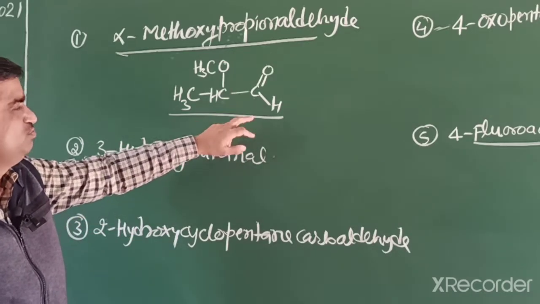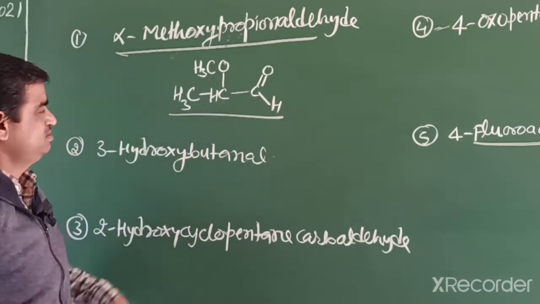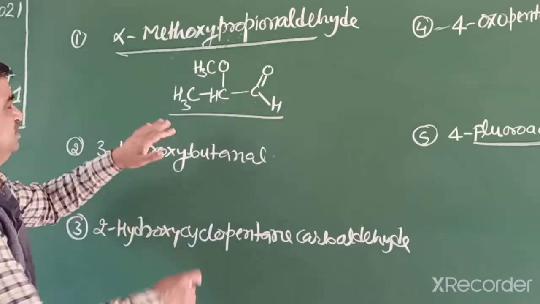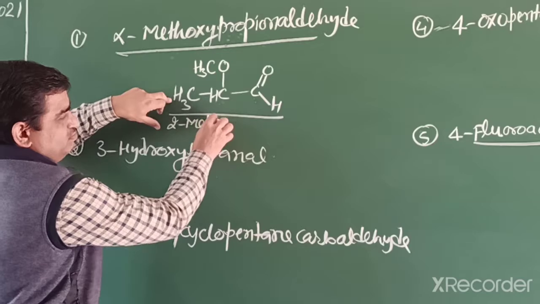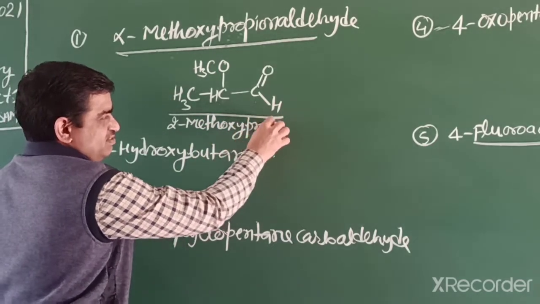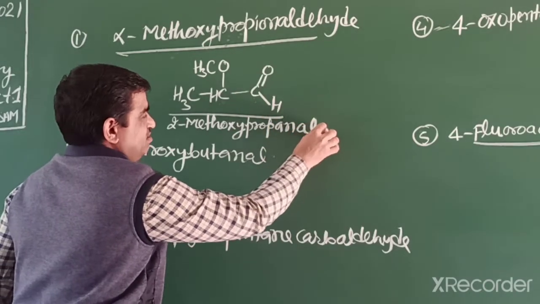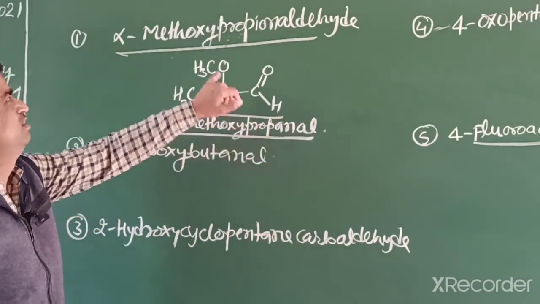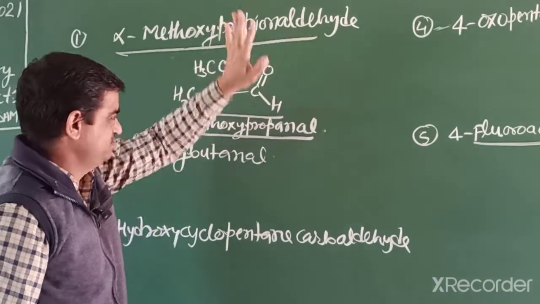If we write its IUPAC name, 1, 2, 3 means 2-methoxypropanal, 2-methoxy, prop, an, and at first carbon al. So its IUPAC name is 2-methoxypropanal and the common name is alpha-methoxy propionaldehyde.